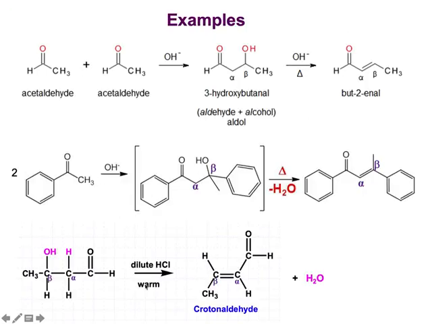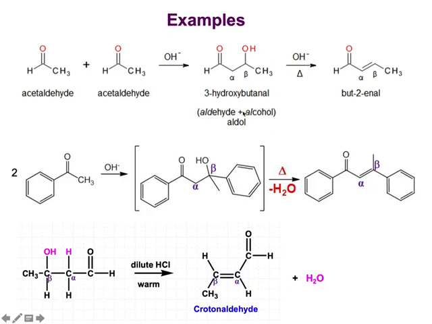For this one we call it a beta hydroxy aldehyde, because next to the C double bond O is a hydrogen, so it is an aldehyde. Continuing, the reaction proceeds in the presence of base and we heat.